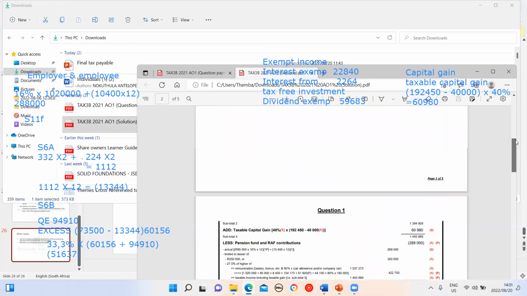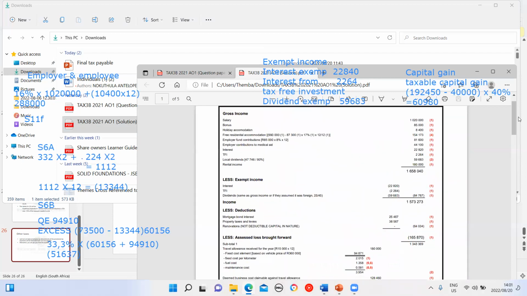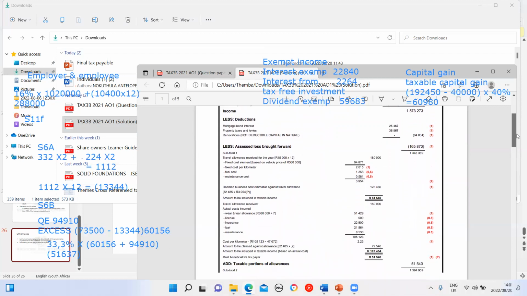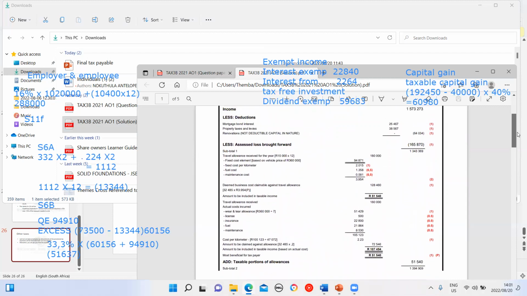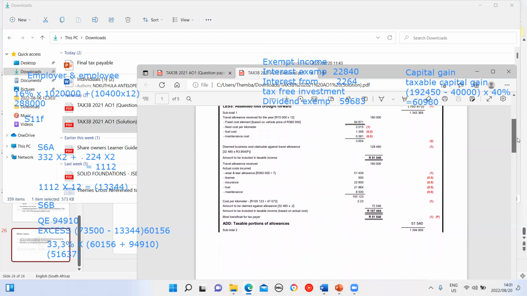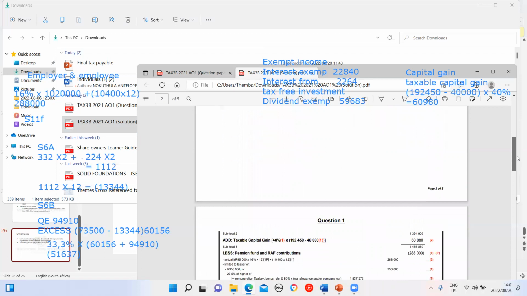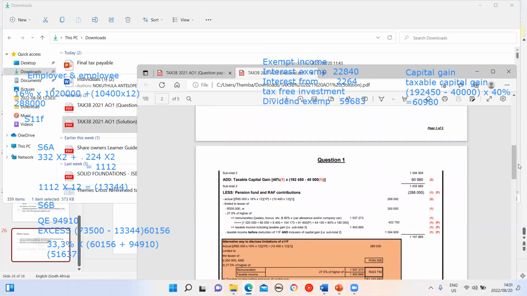You'll just check it and compare it to the video because we'll upload the video. Even the taxable gain, everything is correct.